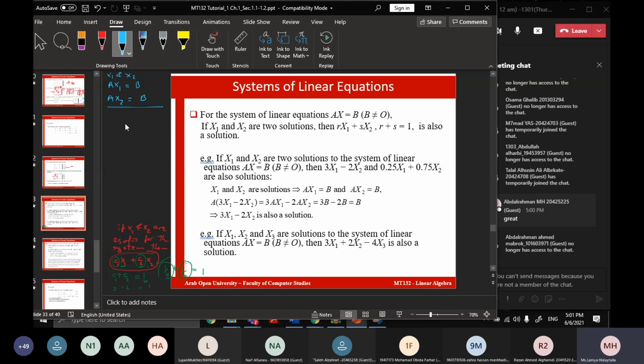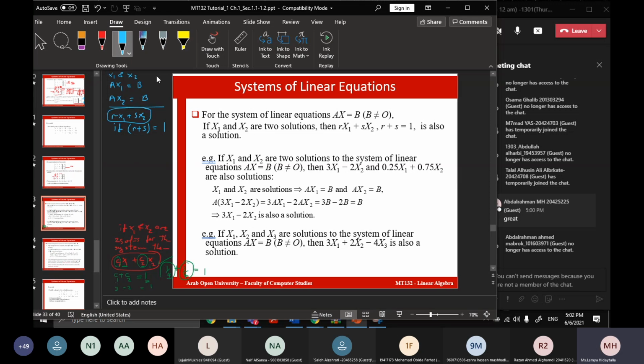Now, he said that r times x1 plus s times x2 should be another solution under a certain condition: if r plus s is equal to 1. We said that this will be a solution if I take it and substitute it in my equation Ax equals b, I should get the right hand side b. So let's take this one and substitute it here.